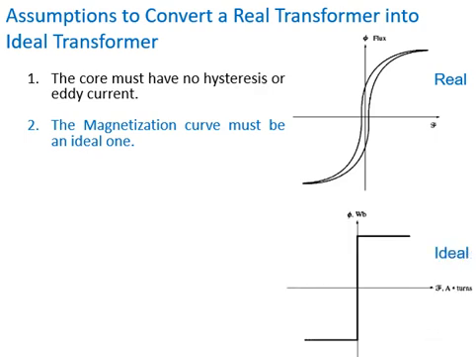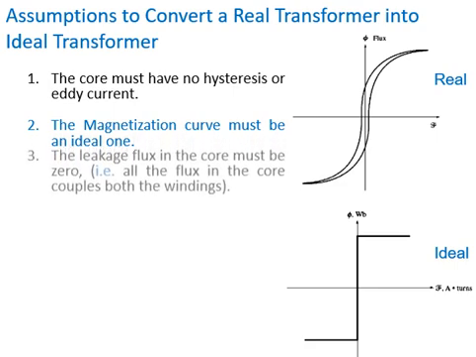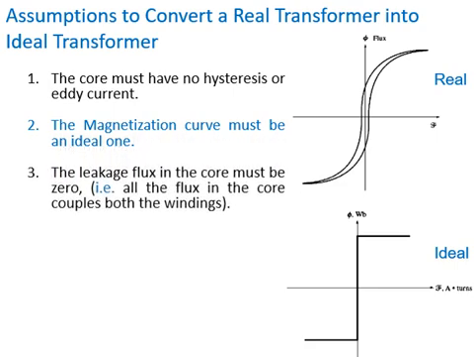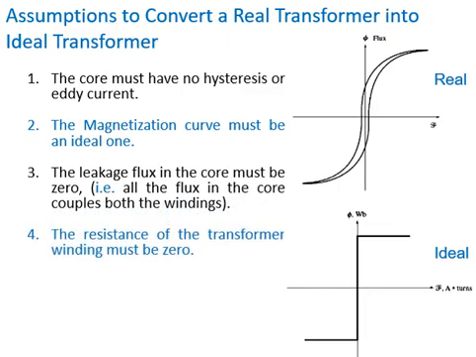As you have seen, the difference between the real and ideal diagram, the leakage flux in the core must be 0. There should not be leakage flux. And the fourth assumption is the resistance of the transformer winding must be 0.